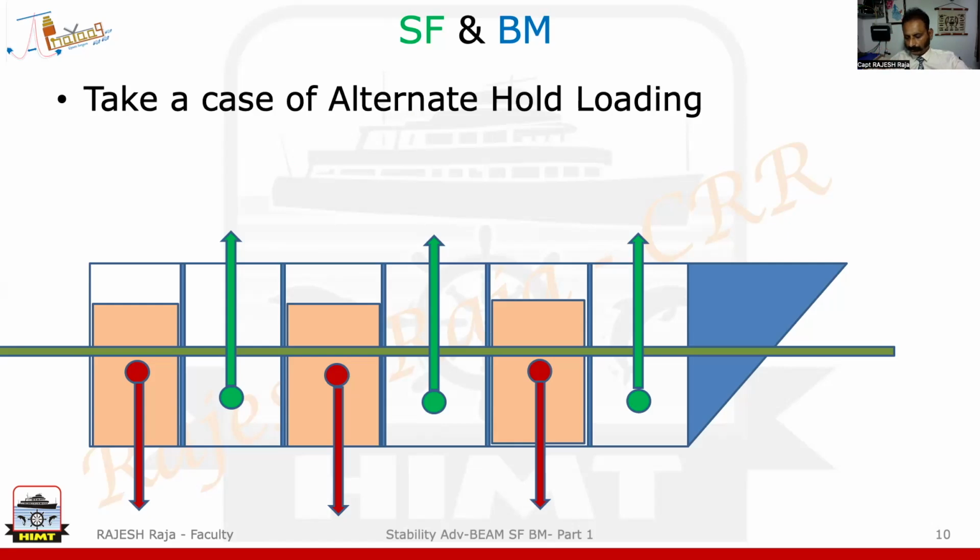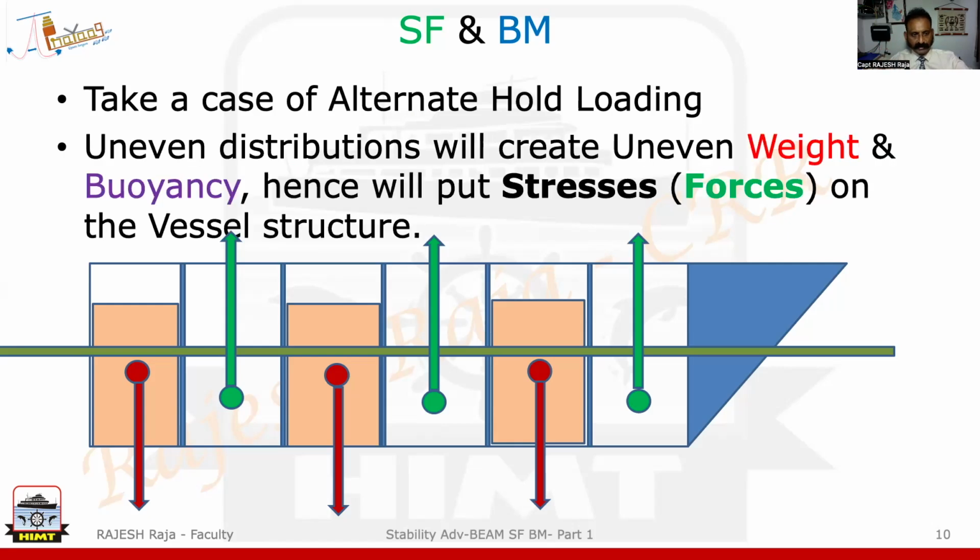Now this is the problem where you might see it will create uneven weights and buoyancy, hence it will start stressing the ship. Stress is a force. And in this particular case, which is a hypothetical case, you will see the bulkheads which are joining the full and empty compartment. They will have a lot of force coming on them.